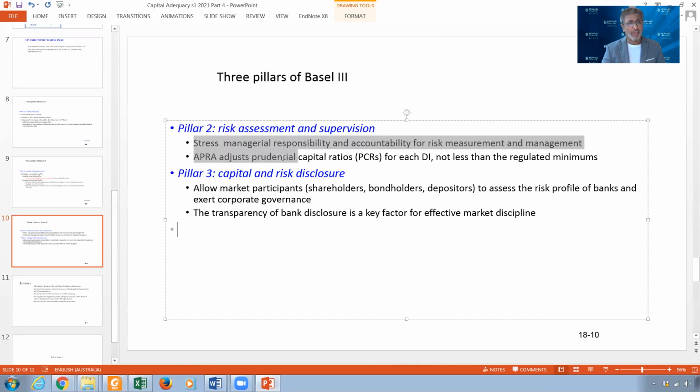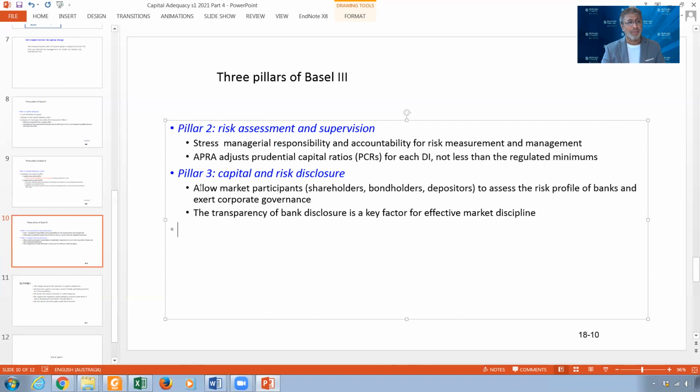They can amend it according to Pillar 2, but it doesn't have to go under the 10.5. Pillar 2 also gives some rights to the regulators.